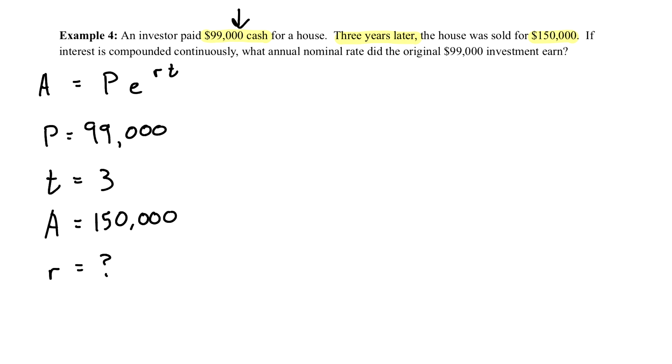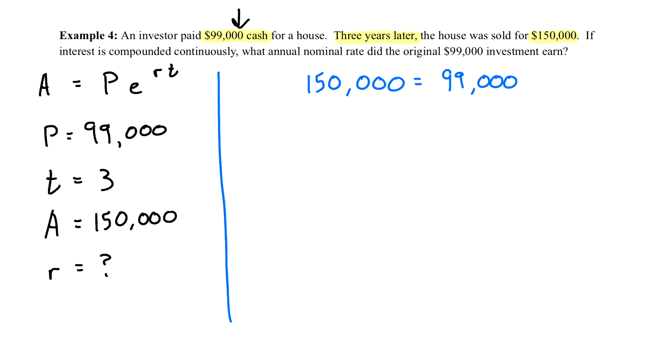So, all right, we can take everything that we know and plug it into our continuous compound interest formula, which says A, so that's 150,000, equals P, 99,000, times e to the r, I don't know what r is, so we'll leave that as r, times t, that's going to be 3.